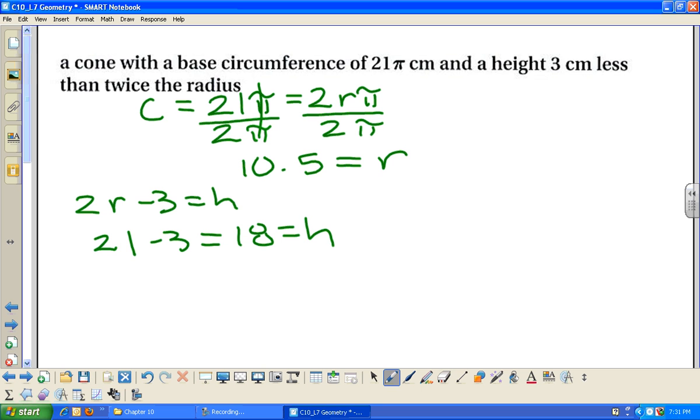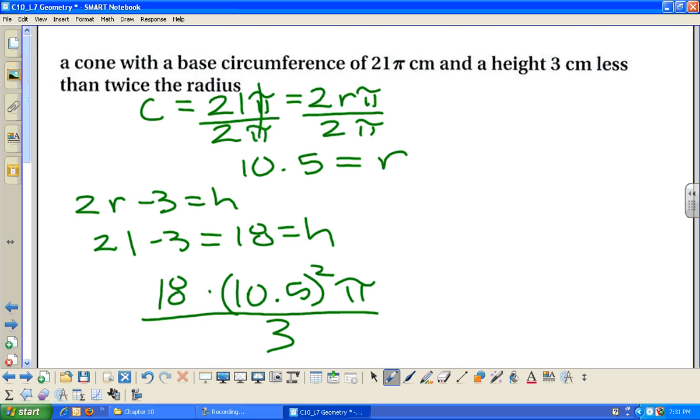So when I'm finding the volume of this, it's going to be my radius, which is 10.5, squared times pi, that's the area of the circle, times my height, and I have to divide by 3 since it's a cone.